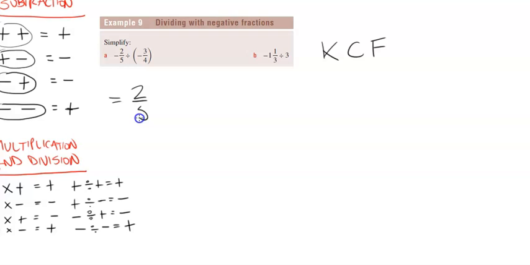This will be 2 over 5 multiplied by 4 over 3. Now, I can't just take away the negatives. They still are there, but I know that my answer will be a positive number. 2 times 4 is 8. 5 times 3 will give me 15. And a negative times a negative will give me a positive. Very simple. Nothing else is needed for this.